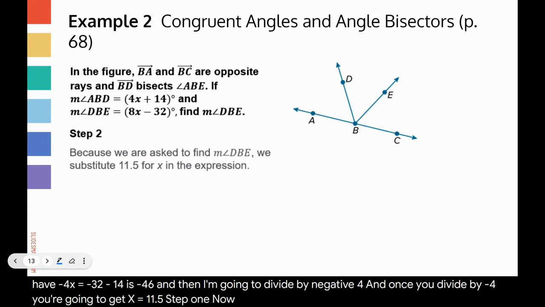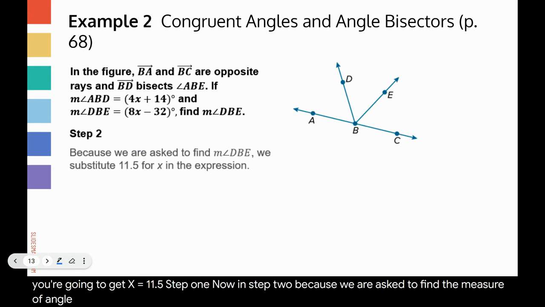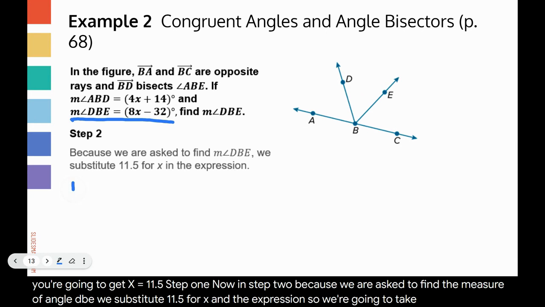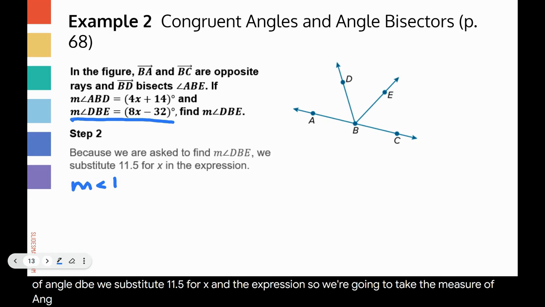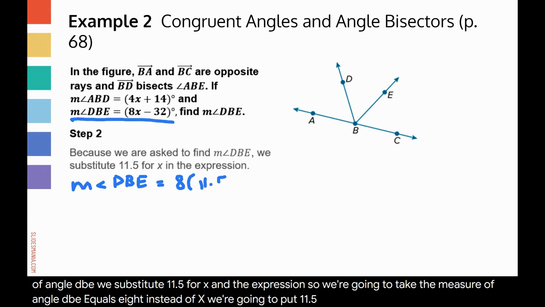Now in step 2, because we are asked to find the measure of angle DBE, we substitute 11.5 for x in the expression. So the measure of angle DBE equals 8 times, instead of x, we put 11.5, minus 32.